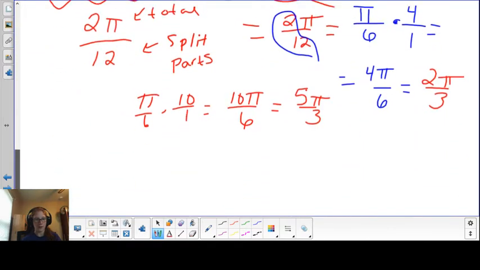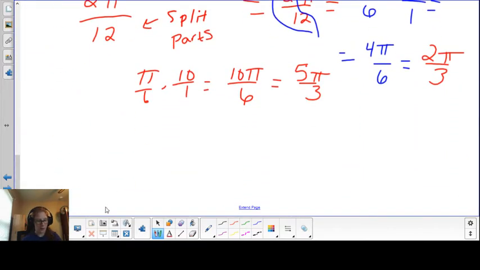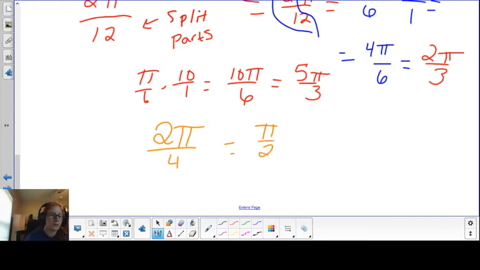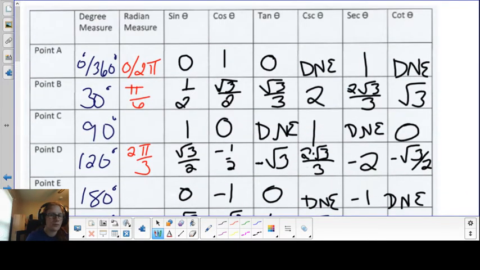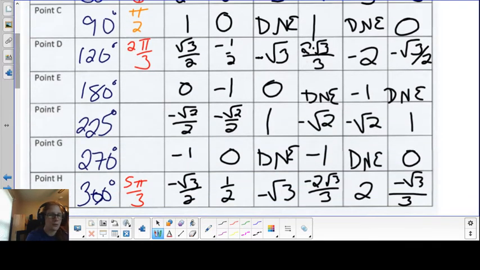So let's talk about that 90, the 180, excuse me, and the 270. So again, we have my total of 2 pi. We split our main 4 into, good, which tells me that that can reduce down to a half, for pi over 2. So this first one is pi over 2. Okay, next one's 180. What is a half plus a half? 1.